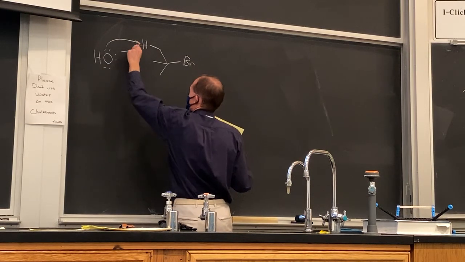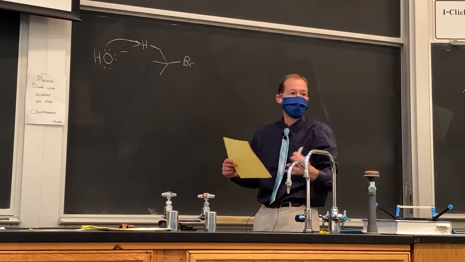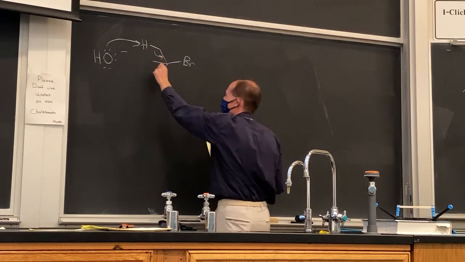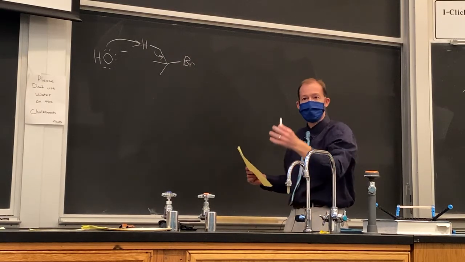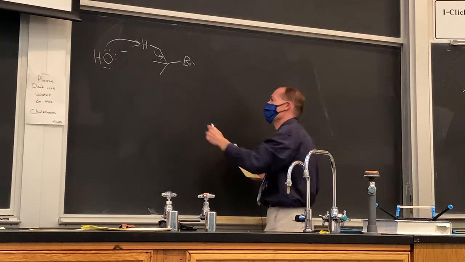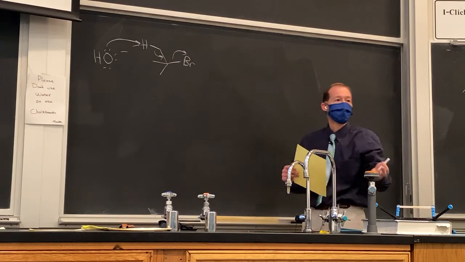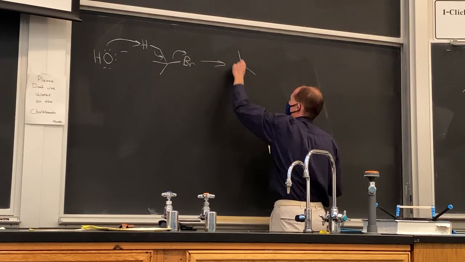And in an E2 mechanism, our base is going to deprotonate one of our beta hydrogens. The carbon-hydrogen bond will break, generating a pi bond between that beta carbon and the adjacent alpha carbon. But if we do that, we have to break a bond at the alpha carbon, so then we expel our leaving group. We generate an alkene.